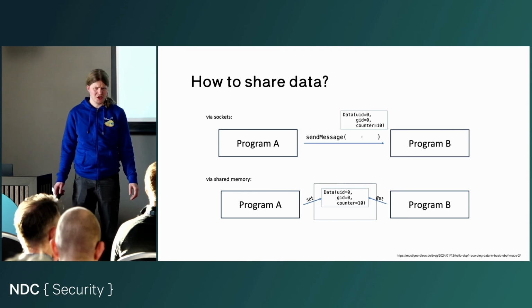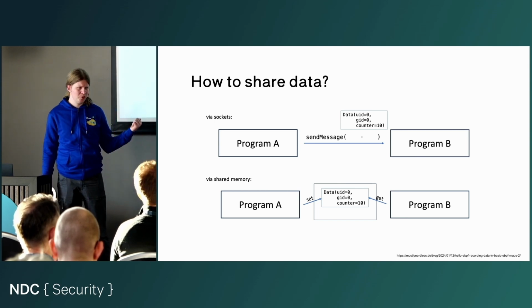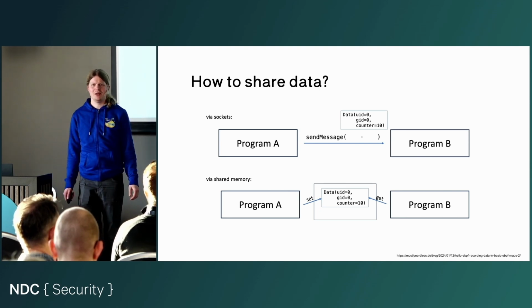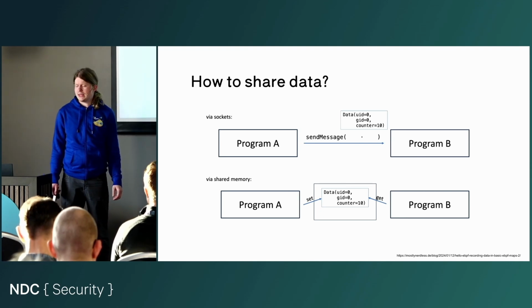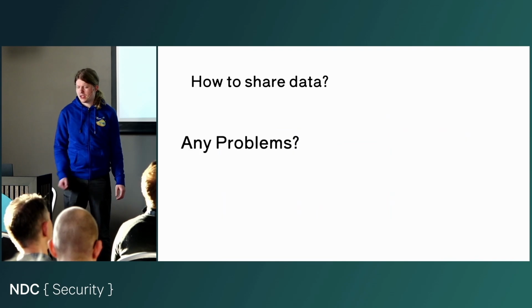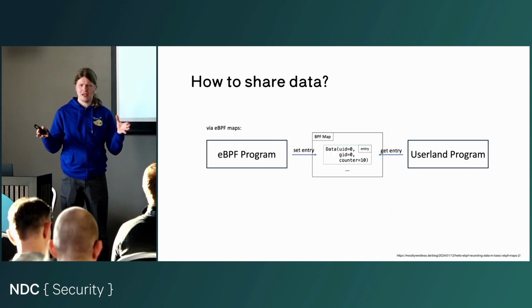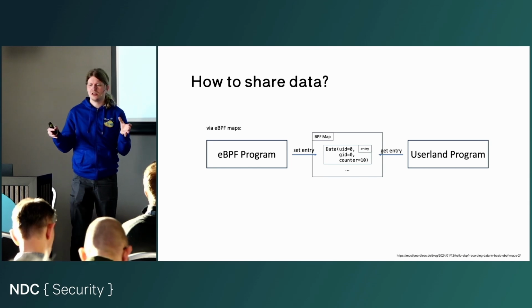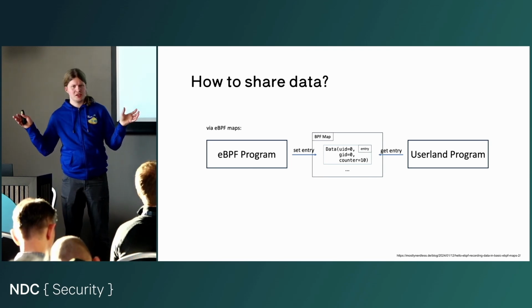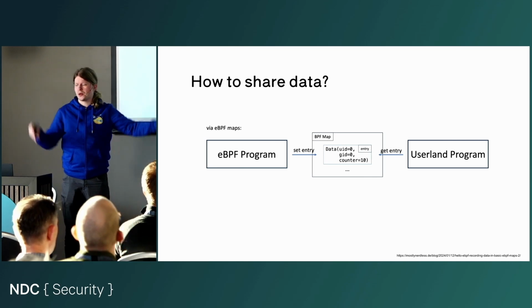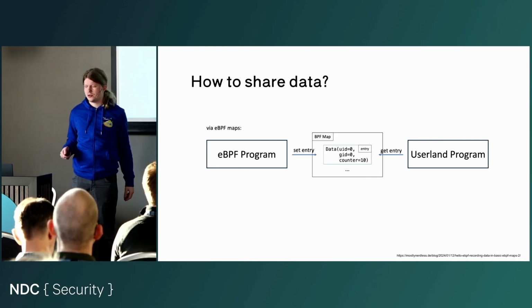And shared memory is also not a good idea, because essentially we would be accessing kernel memory, and we shouldn't do this from our userland application. So what do we do in the end? We use something called eBPF maps, and these are essentially data structures that the kernel gives us and that we can access using the BPF system call, both from userland and from kernel land, and use this to transfer data.